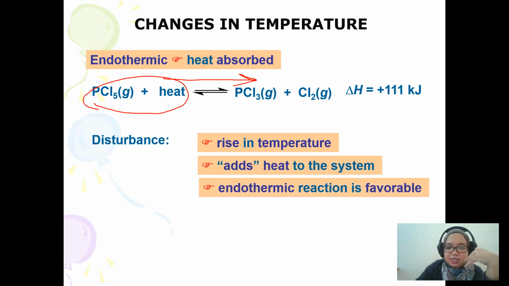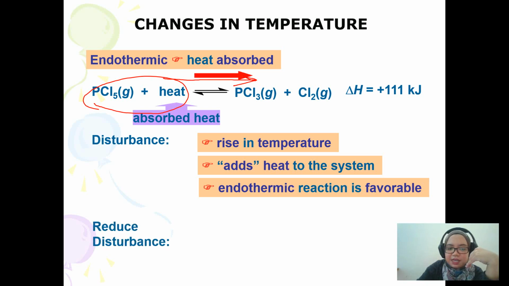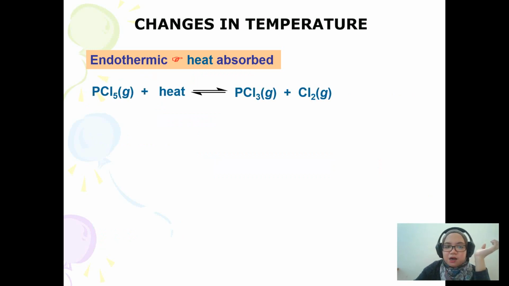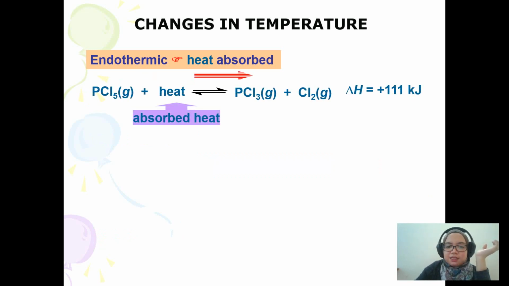So, in this case, endothermic reaction is favorable. Kan, saya dah absorb heat kan? Okay. So, dekat sini, the reaction will proceed to the right to reduce the temperature, to absorb the additional heat.